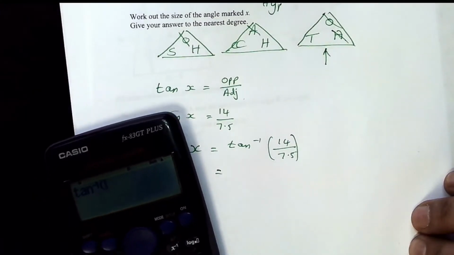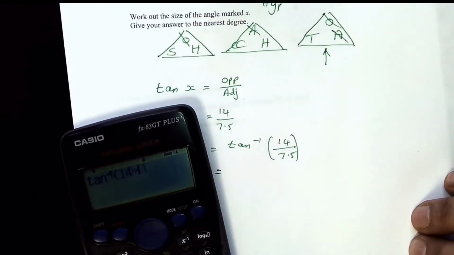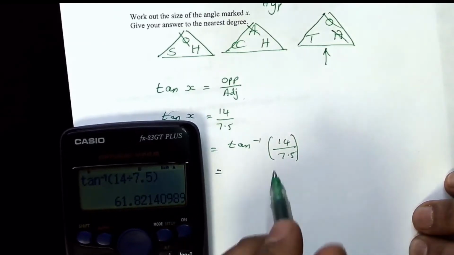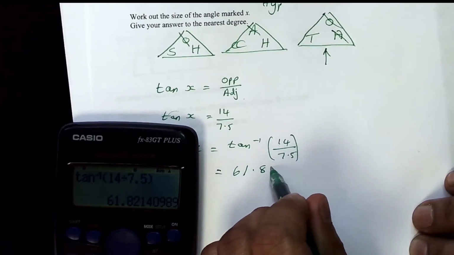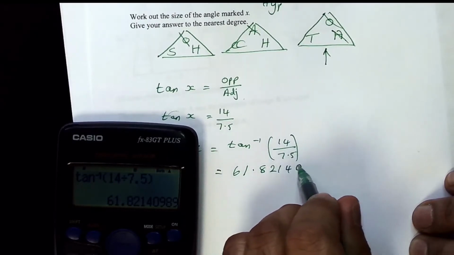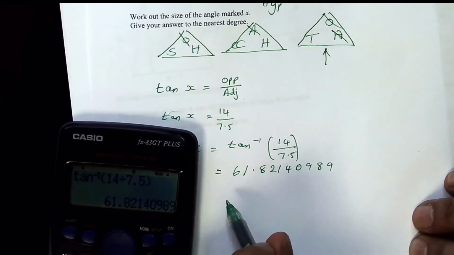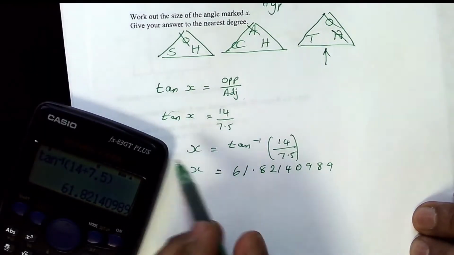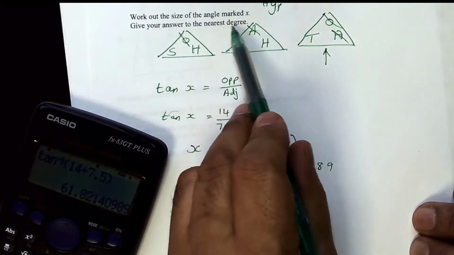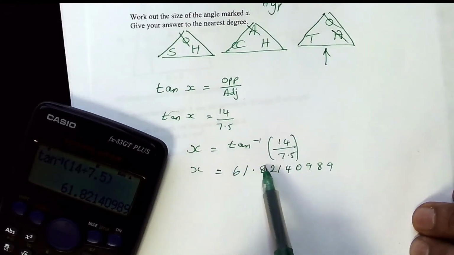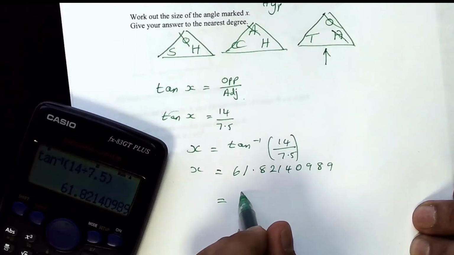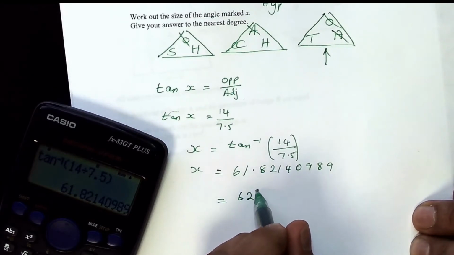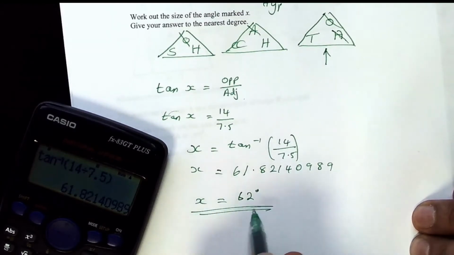Tan minus 1, 14 divided by 7.5 equals 61.82140989. So that's the value of X, and we need to give the answer to the nearest degree. The nearest whole number gives me 62 degrees.